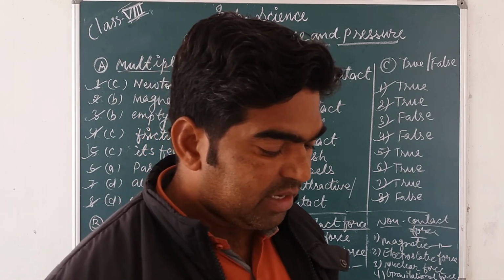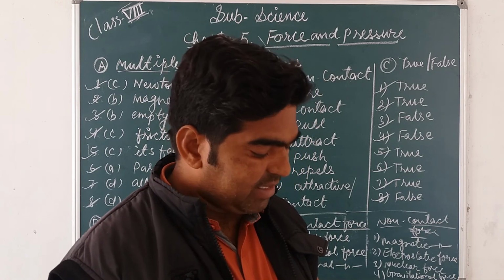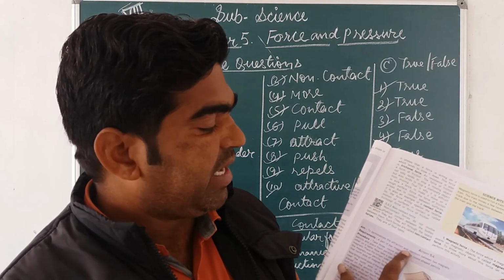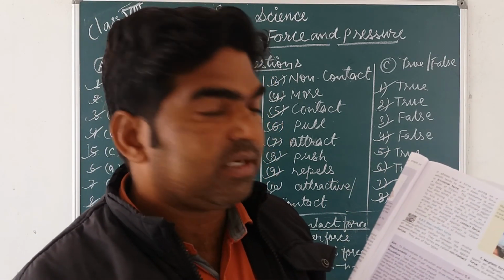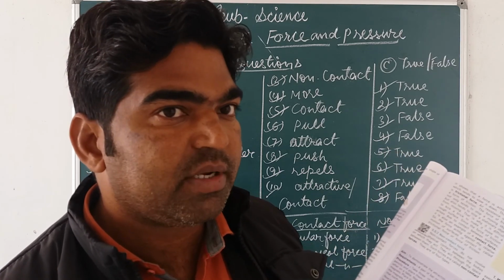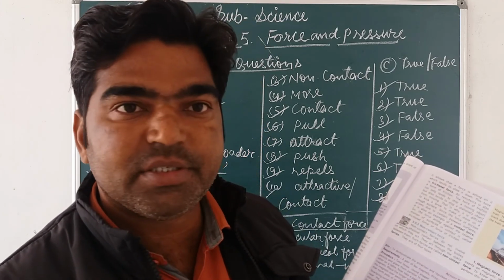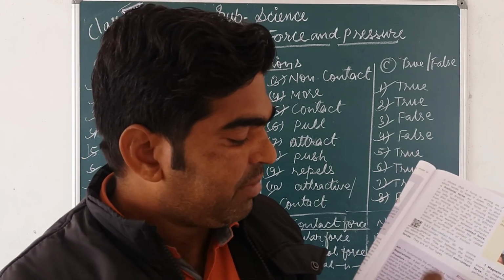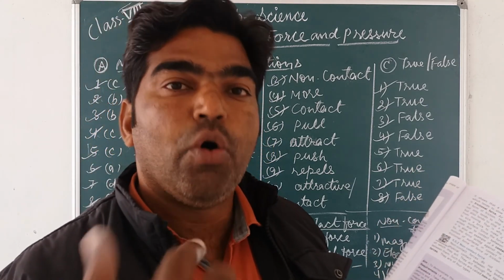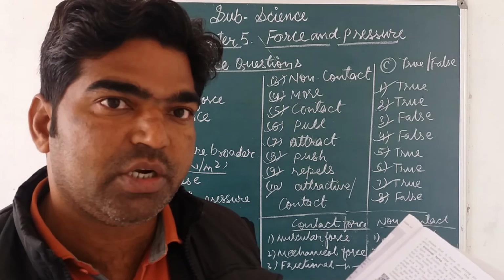This activity is clearly given in your textbook, activity 5.4, to demonstrate the attraction and repulsion between two magnets. You have to write this activity as an answer in your own words. I'm not saying that you should just copy it. You have to draw this diagram and then write the activity in your own words as the answer of this last question. Okay, third question, long.